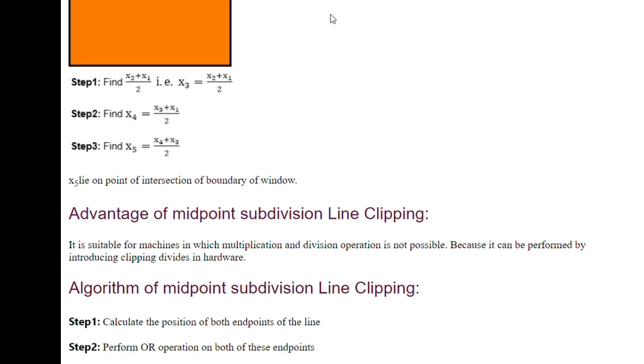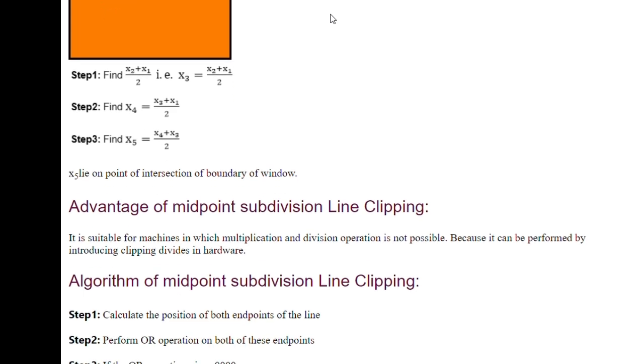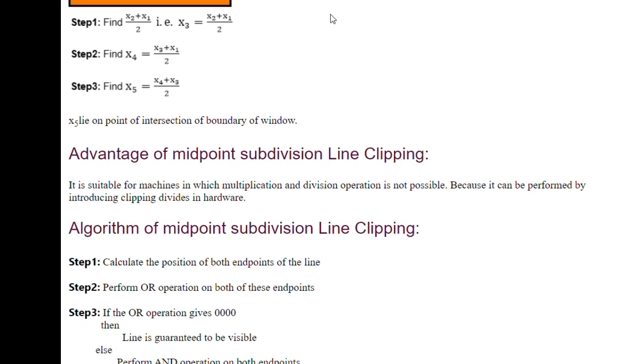First we find the first midpoint division, then taking the point which we have got, and the last point, we again find the midpoint of that division to find a new point, and we again repeat this process until we get our answer.